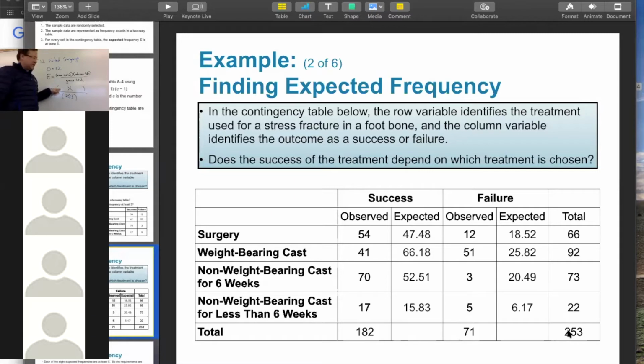The row total that includes the 12, the row total for surgeries, was 66. And the column total for failed surgeries is 71.